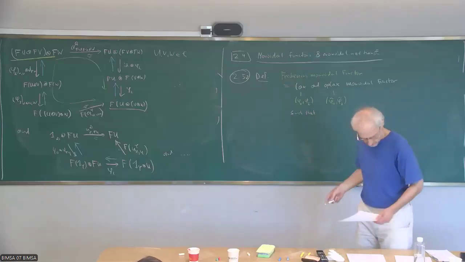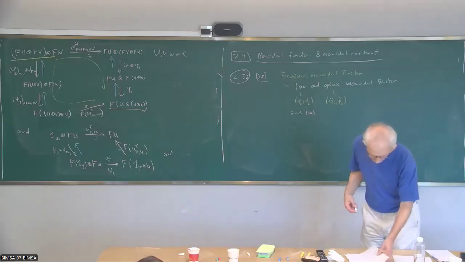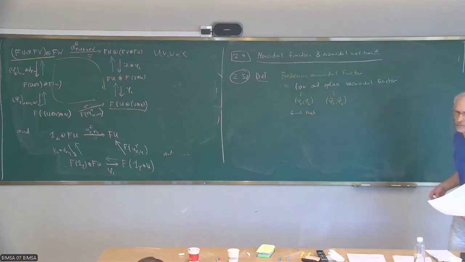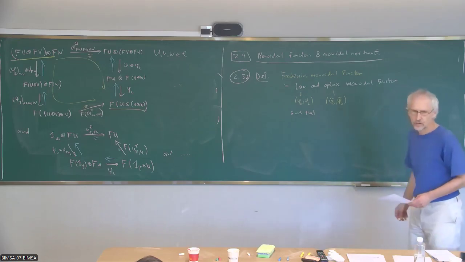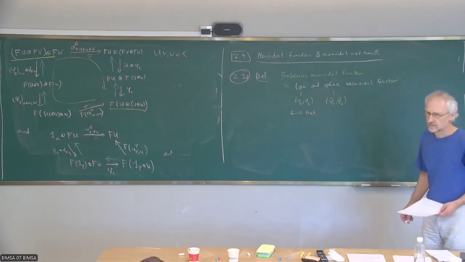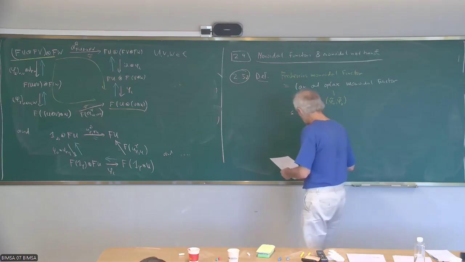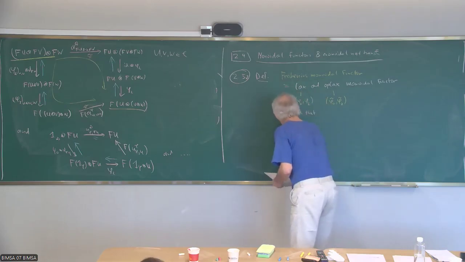Well, we could write it in formulas. And with the diagrams, actually, you have to be a bit careful. I will explain why. But if you write in formulas, I think it's not transparent enough. So let me first draw this.